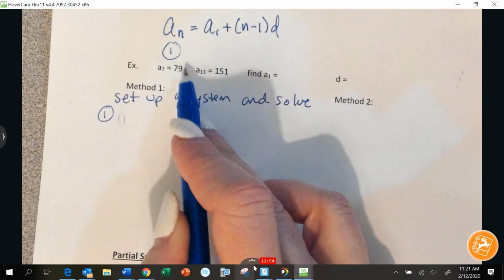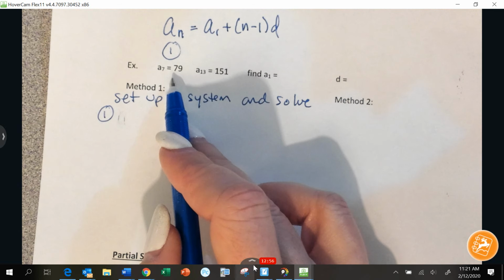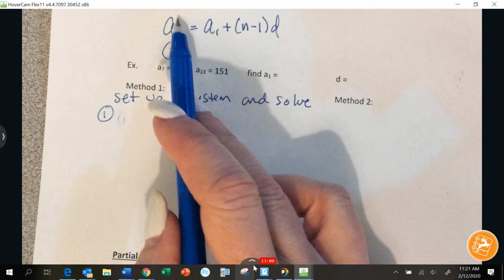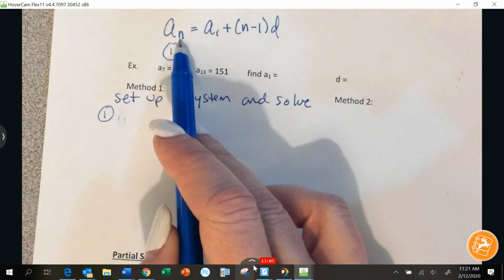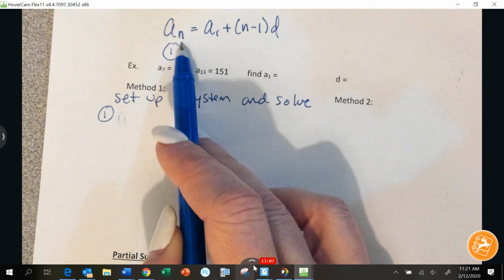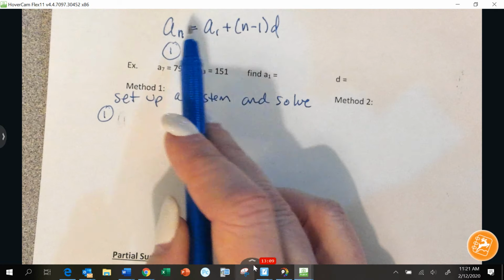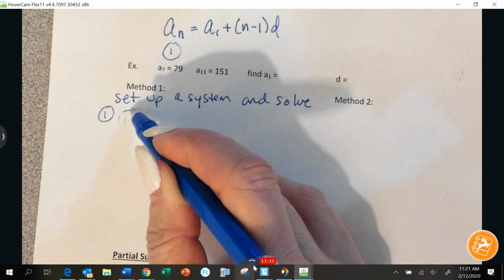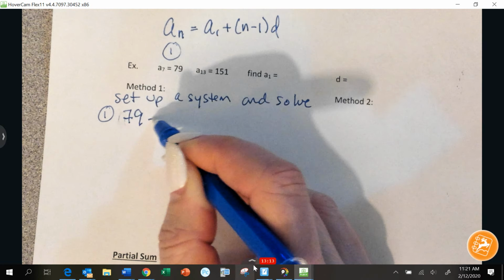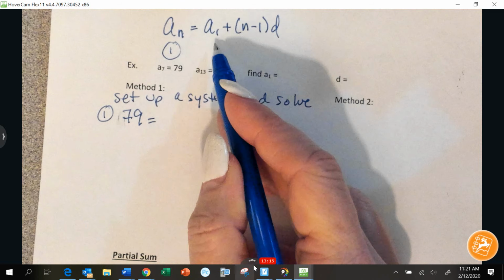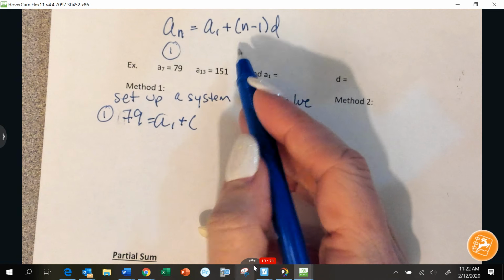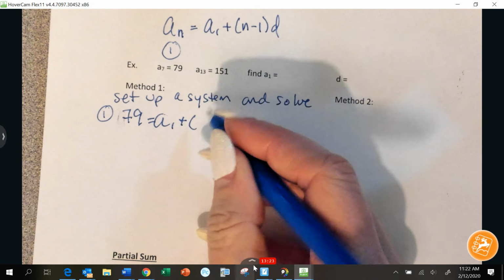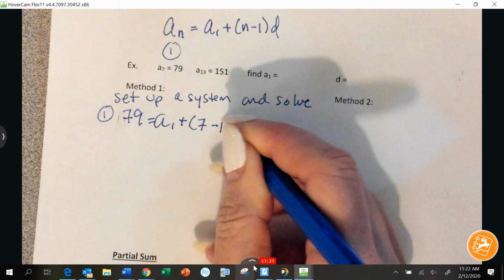It's the value of the seventh term. I could put a sub 7 here, but a sub 7 is 79. Put 79 right here. That's the value. And then a sub 1 we don't know. Do we know n? 7, right, that's where the 7 goes, minus 1. And we don't know d.